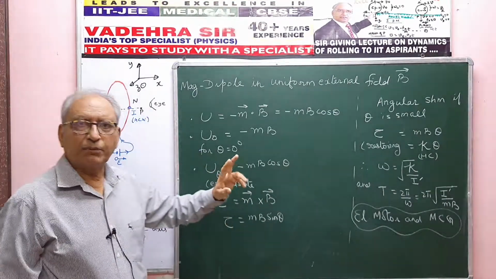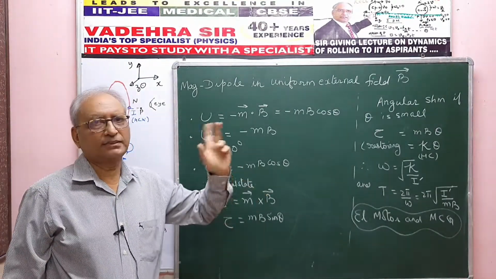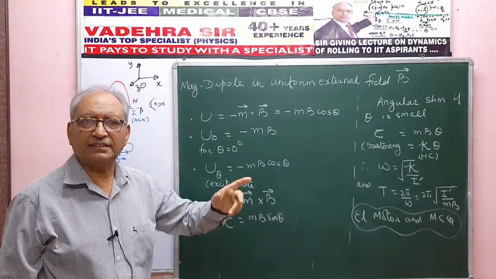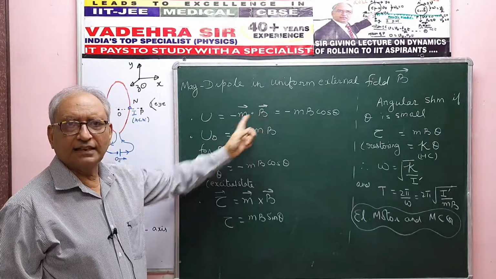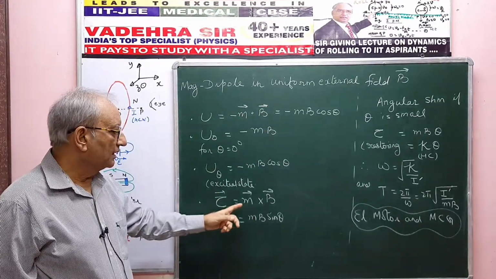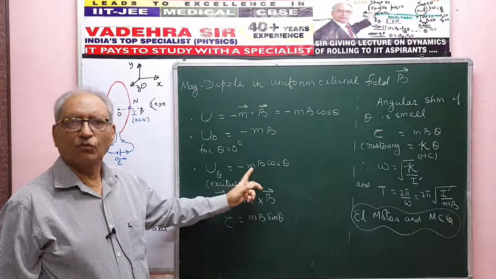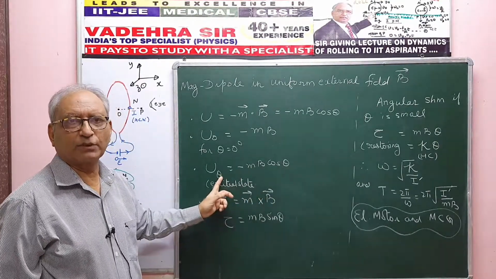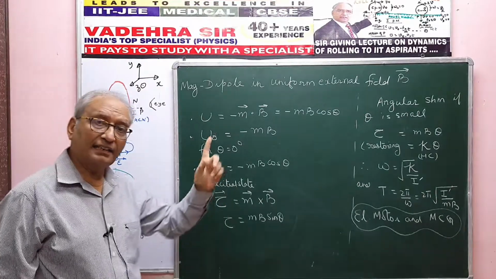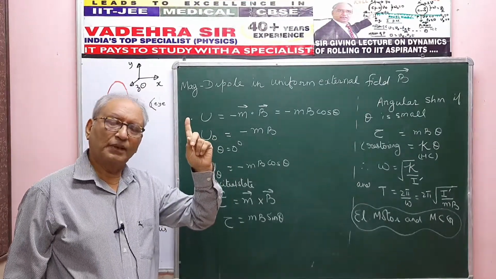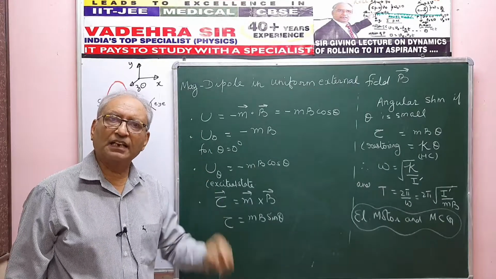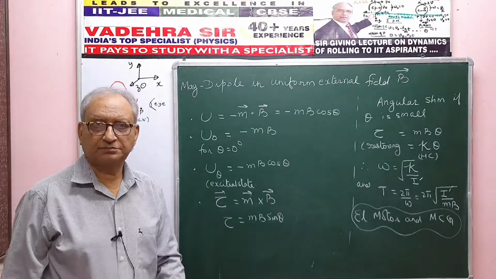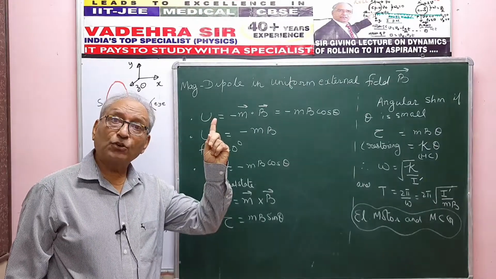Well, if the dipole is disturbed and taken to an excited state, that is the theta state, then the magnetic potential energy would be minus MB cos theta, that is an excited state with more magnetic potential energy. And in that state, just like we learned in our study of the electric dipole, the dipole would experience a torque. There it was P arrow cross E arrow.